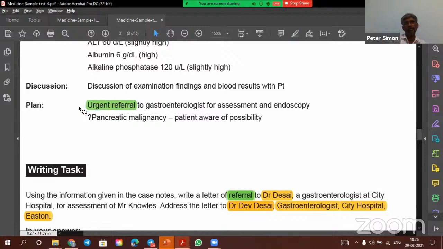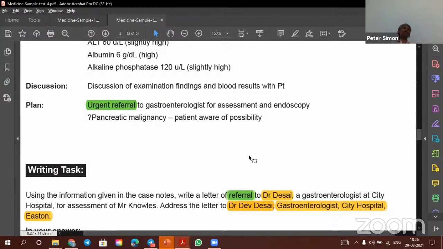What do you mean by urgent referral? Immediate action is needed because of the severity of the situation or the condition of the patient, which is very serious. So immediate action is required, then you write an urgent letter. Remember that.